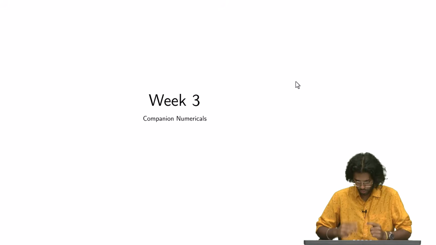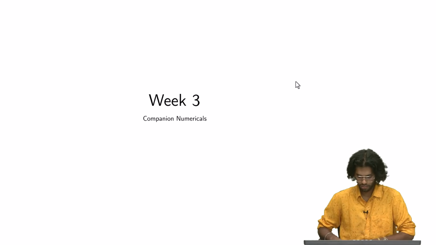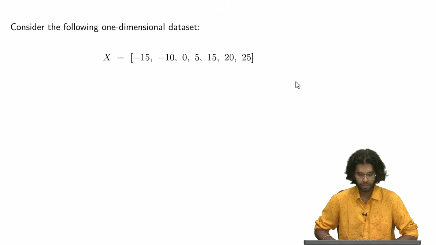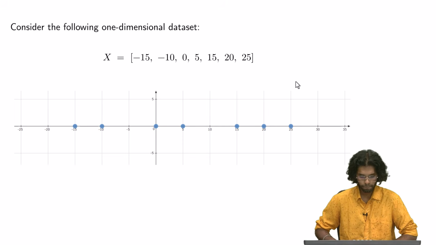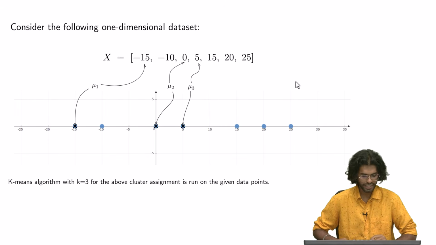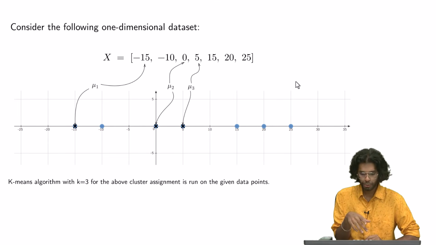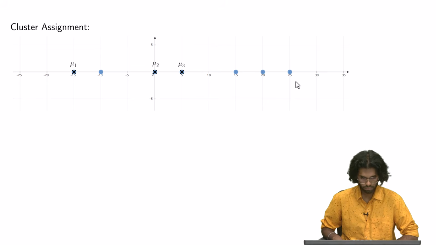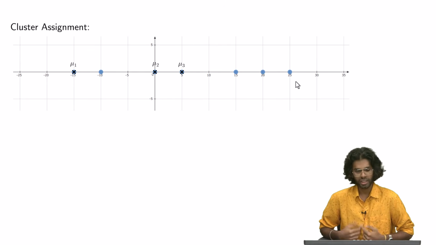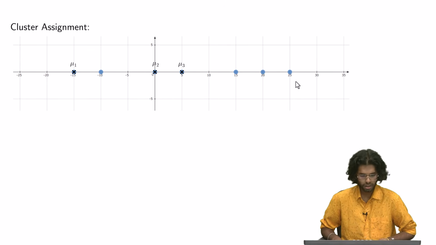Alright, so let's go through some numericals for this week. Consider the following one-dimensional data set. The k-means algorithm with k equal to 3 is run for the above cluster assignments, where mu1 is minus 15, mu2 is 0, and mu3 is 5. First we start off with our cluster assignment step.